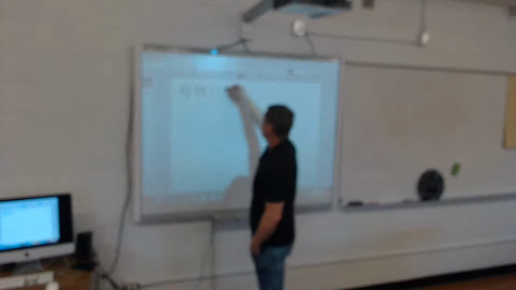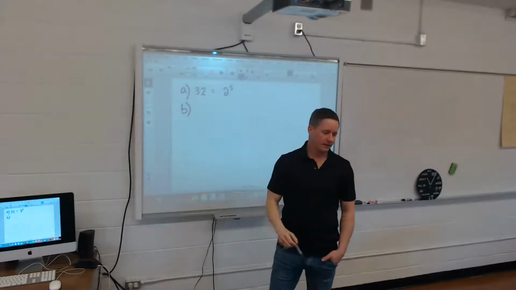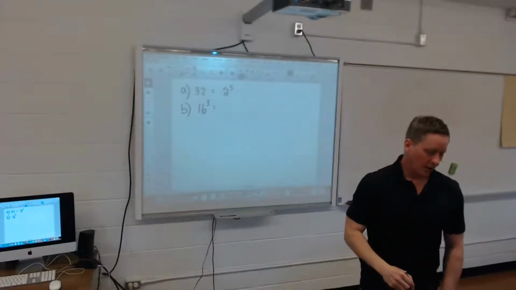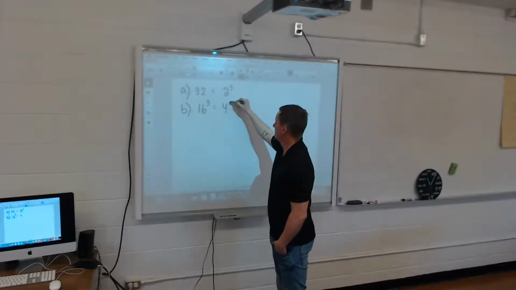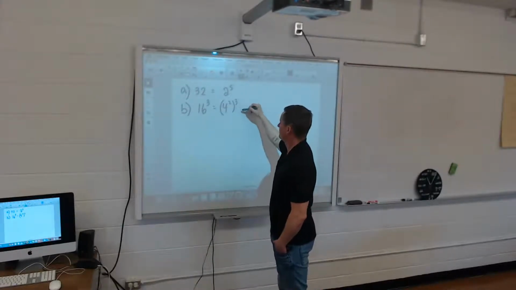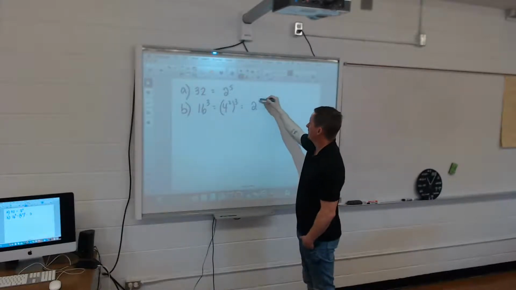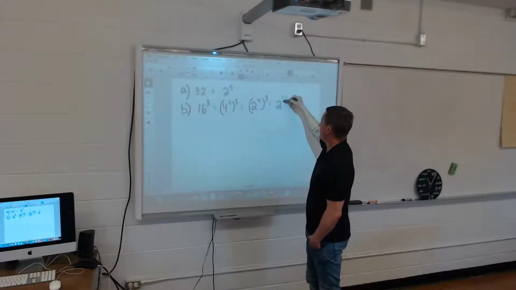So that's 2 to the power of 5. B, 16 cubed. So I could write that as 4 squared to the power of 3. Or I could write that as 2 to the 4th to the power of 3, which would be 2 to the power of 12.